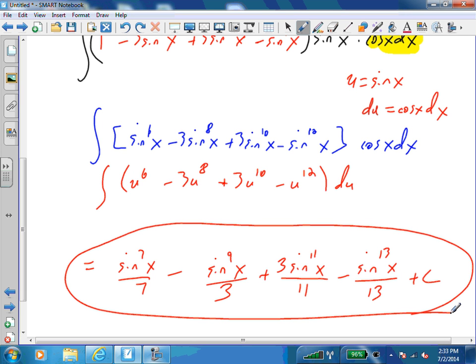Now, the third case is when neither one of them is odd. It could be that they're both odd. If they're both odd, you just basically pick one. Okay, I'm going to keep a sine and change everything else to cosines, or I'm going to keep a cosine and change everything to sines.